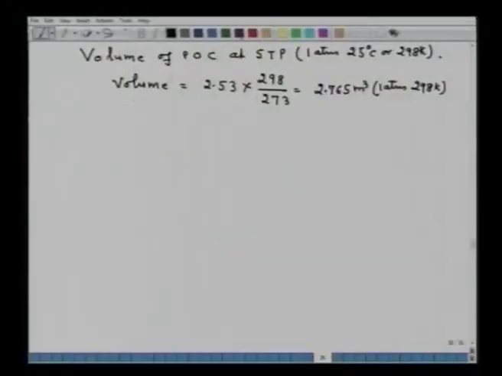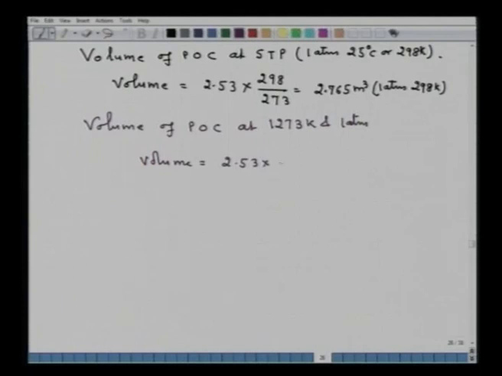So, the volume of POC at 1273 Kelvin, which is equal to 1000 degrees Celsius, and 1 atm pressure, will be 2.53 into 1273 upon 273, and this is equal to 11.8 meter cube.